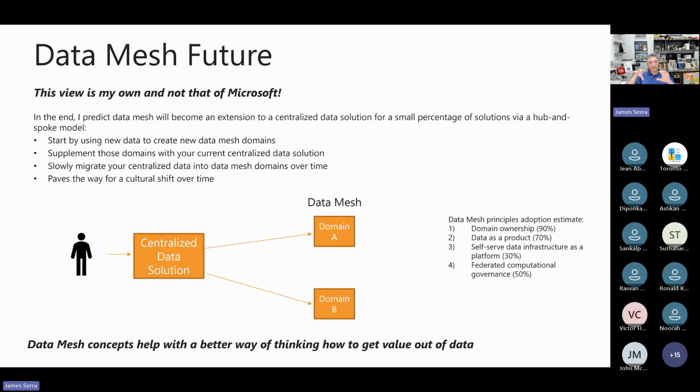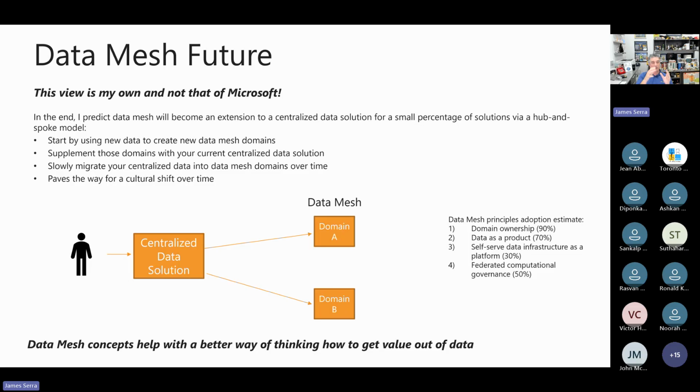What I list here is some customers, they will have built a centralized solution like a data lakehouse, and they may have new types of data that they decide they're going to make a data mesh. And so they may have a couple of points that are data mesh, a domain on there, combining that with the centralized data.